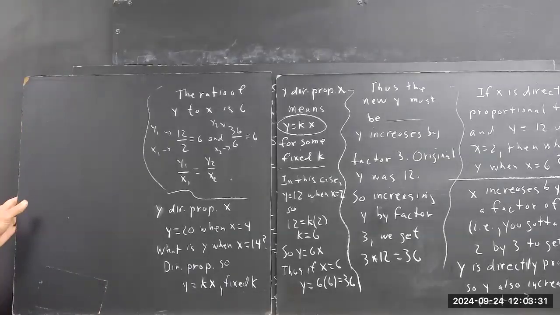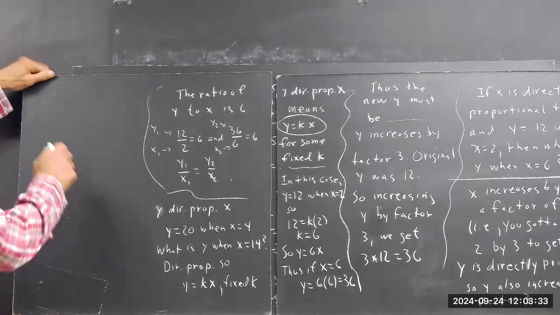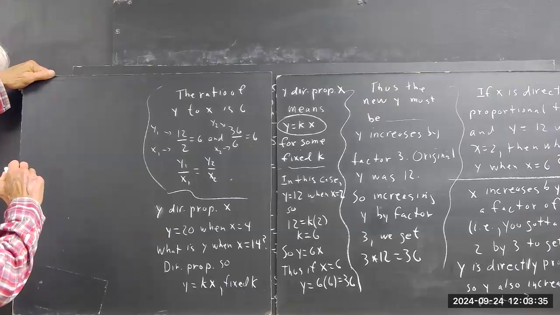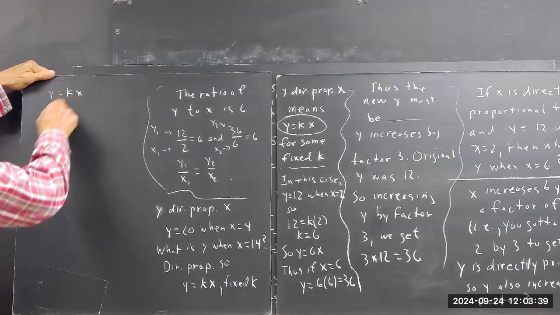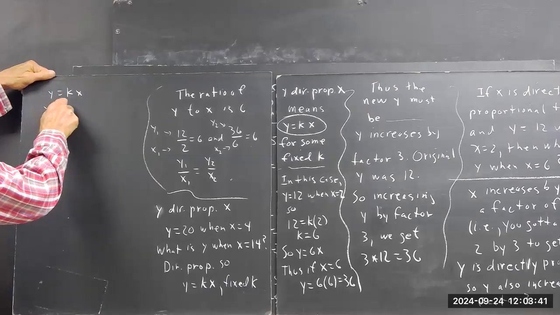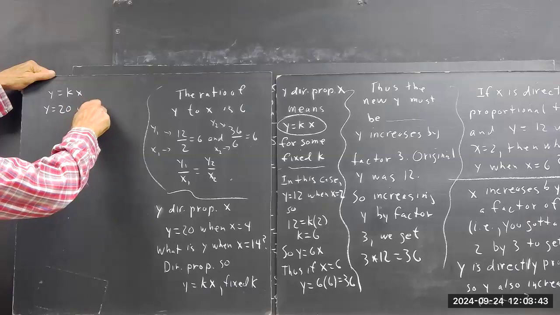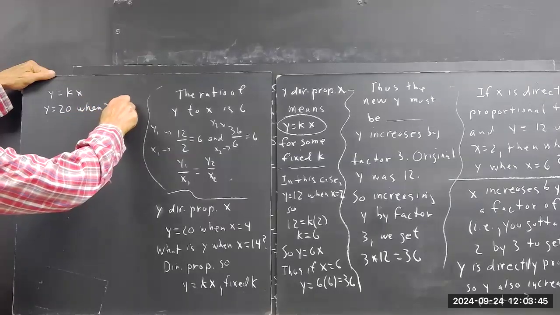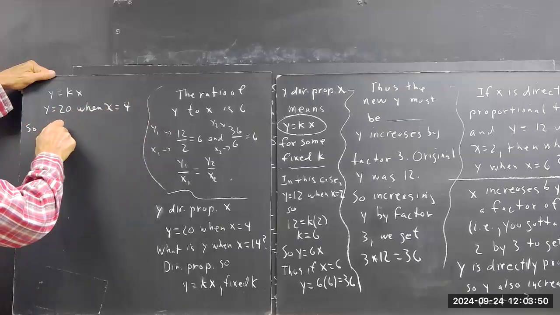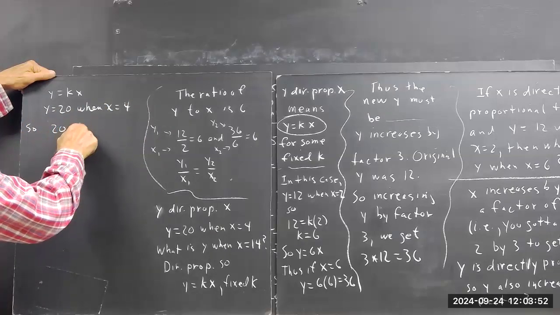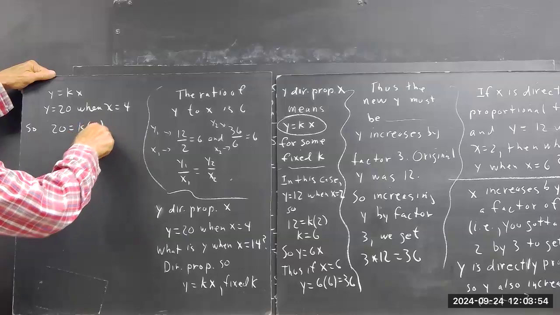Okay, so we've got y equals kx. Now, y equals 20 and x equals 4. So 20 equals k times 4.